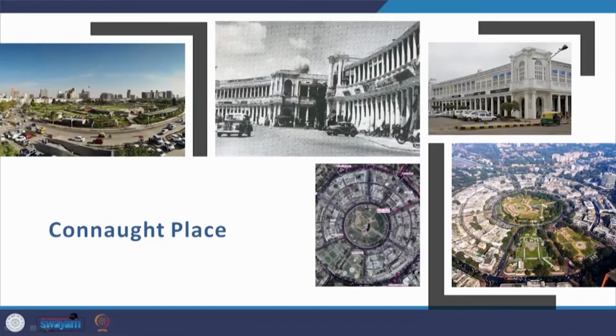And then we come to Connaught Place. Now one other difference as we look at Connaught Place is that Connaught Place itself was not cladded with stone, it was stucco, it was plaster work. Now when we also come to the Lutyens bungalow zone, which we will look at later, there are also houses and bungalows which are plastered, not cladded with stone.